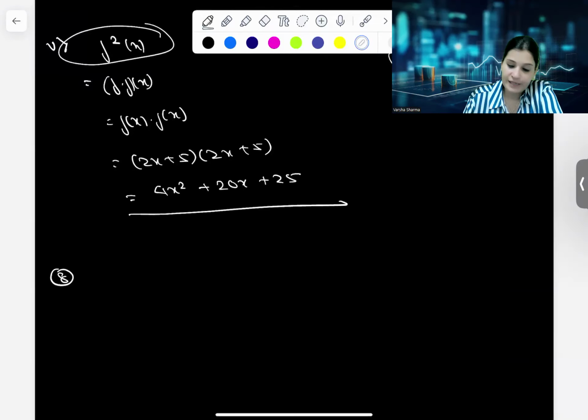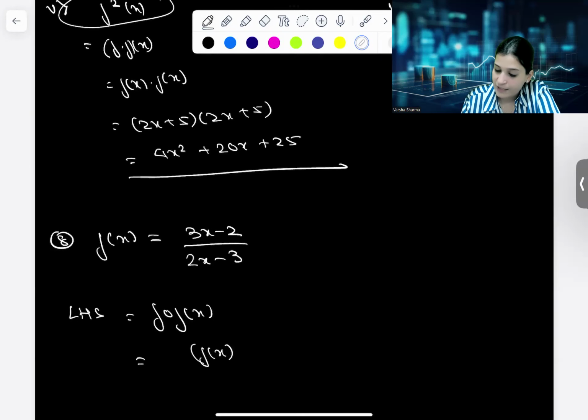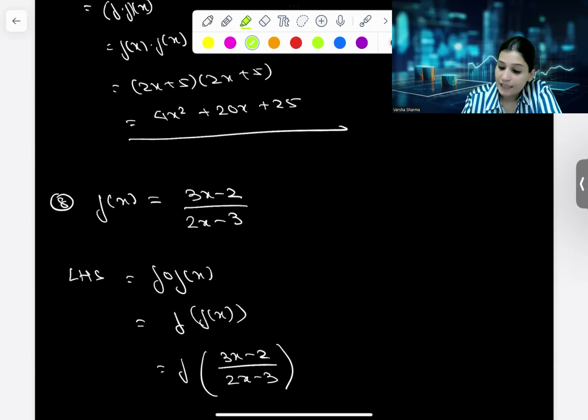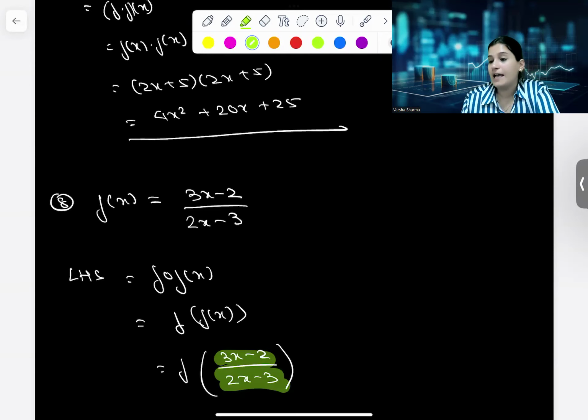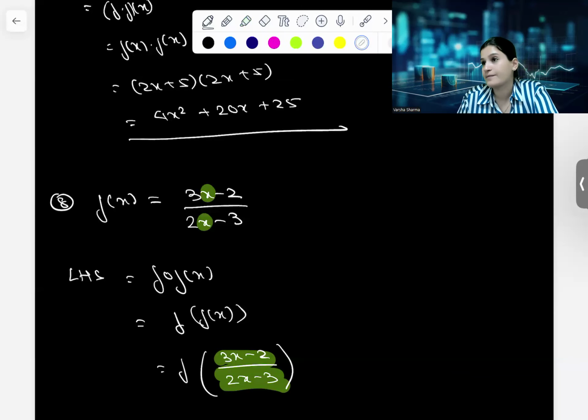Question number 8 is a very important question. It's given that f(x) is (3x − 2)/(2x − 3). Let's find f composite f of x. So first f(x), the answer that we get will be put in f. f(x) would be (3x − 2) upon (2x − 3). Now this entire expression becomes x, and this value will be substituted instead of x in the original function.